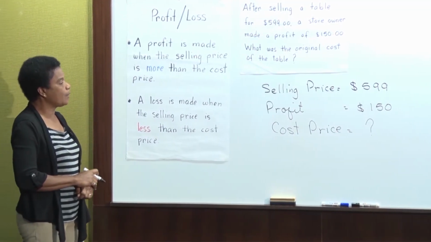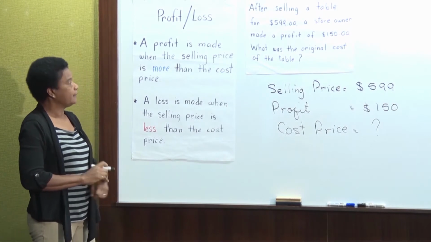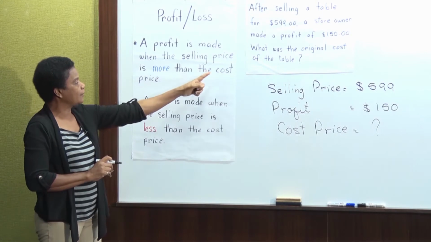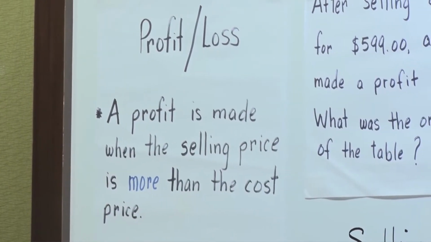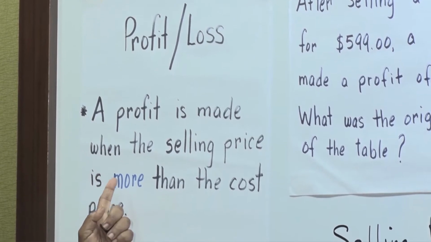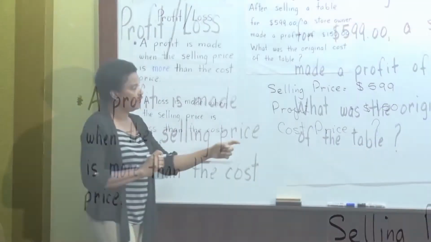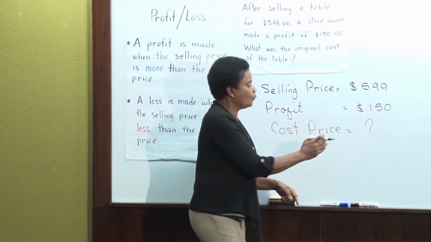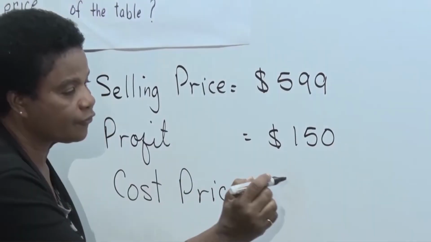If he made a profit of $150, then it means that the selling price is more than the cost price. In other words, the cost price would be less than the selling price. Therefore, to work out the cost price of this item, we will need to subtract.